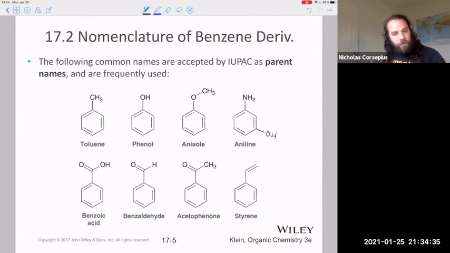These mixed functional group ones, we don't have to worry about, with the exception of the alkyl group, okay? Toluene is the parent chain when there's a chloro group or a nitro group, but if there's anything else that's more special than that, an alcohol group, it's not going to be a toluene, you're just going to refer to that as a methyl group.